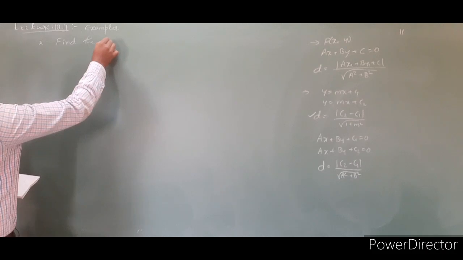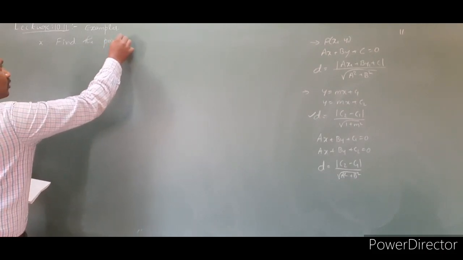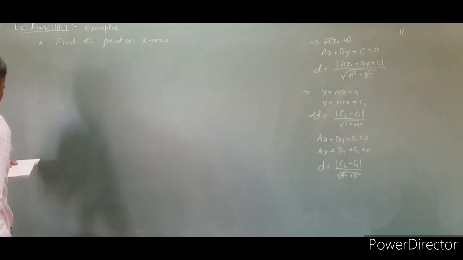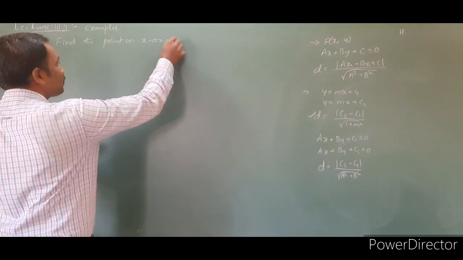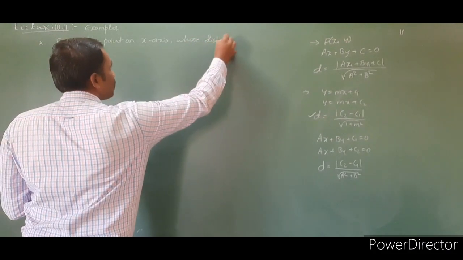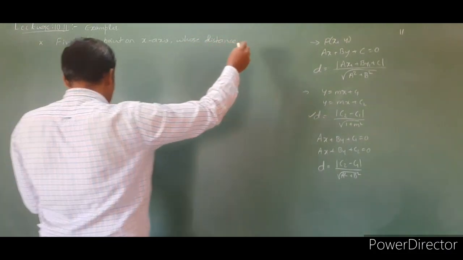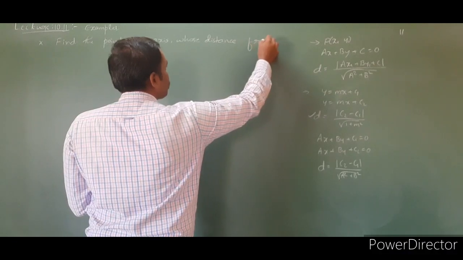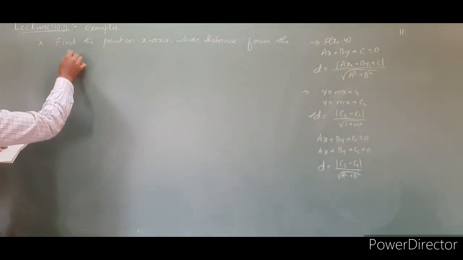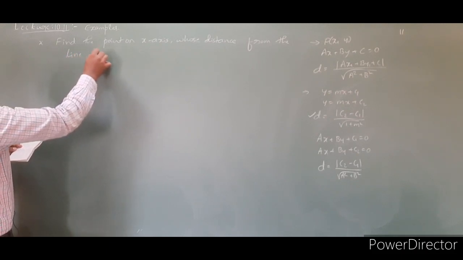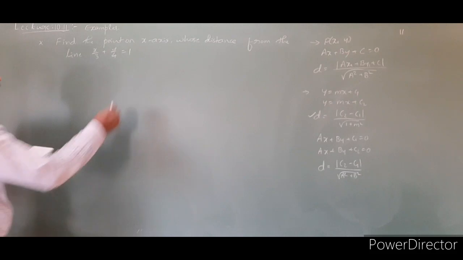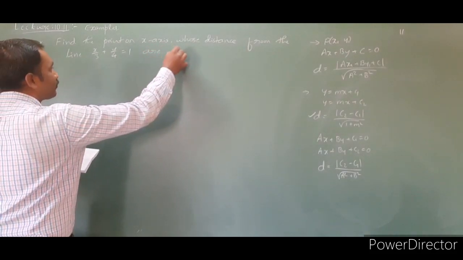Find the point on the x axis whose distance from the line x by 3 plus y by 4 is equal to 1 is 4 units.